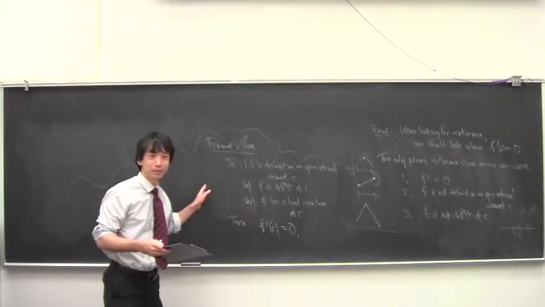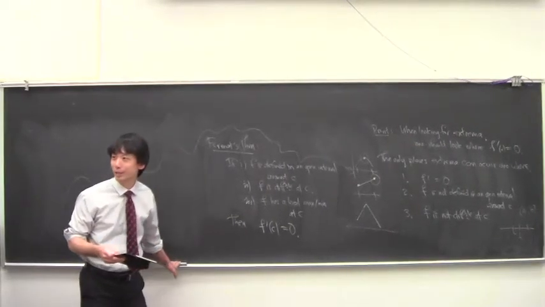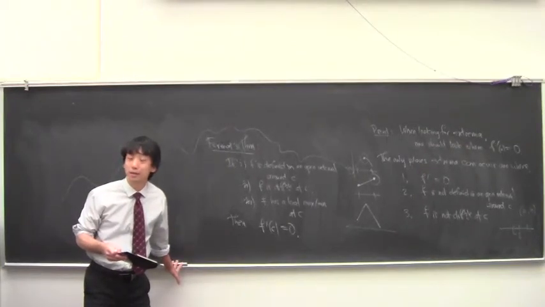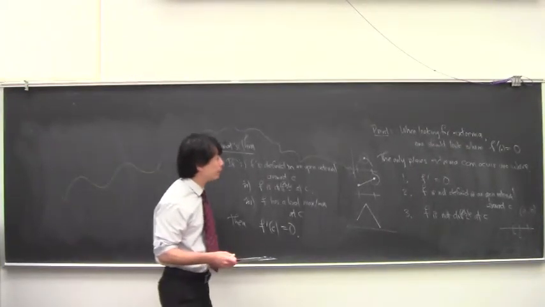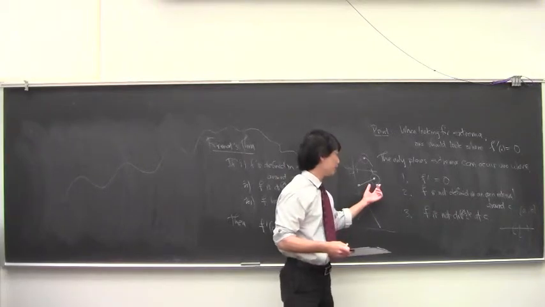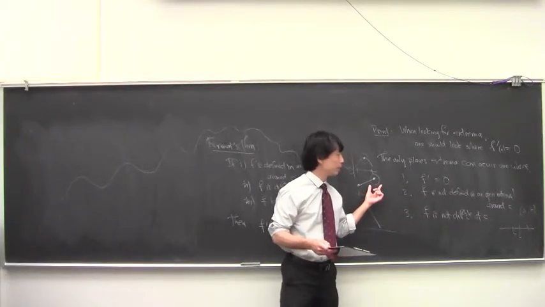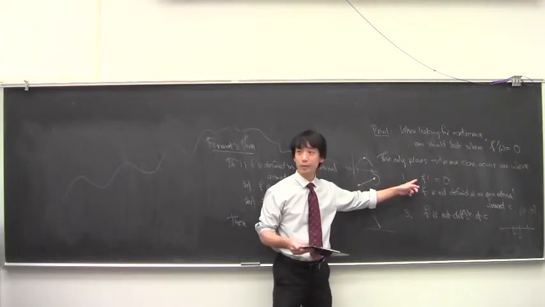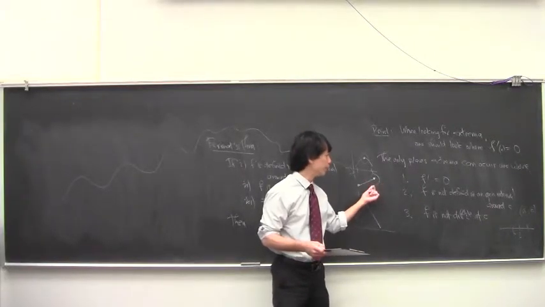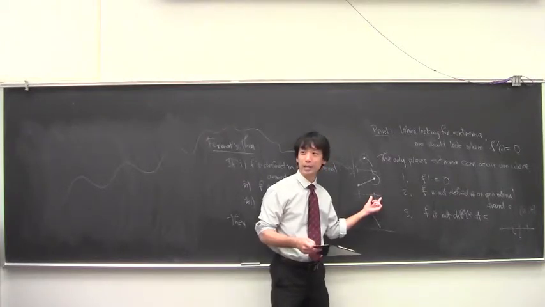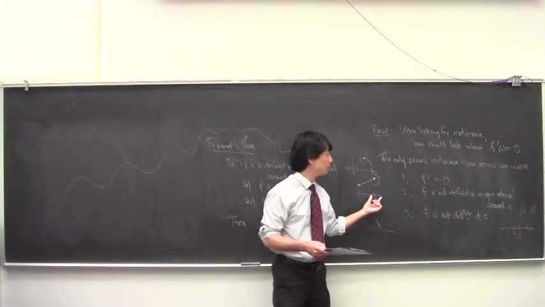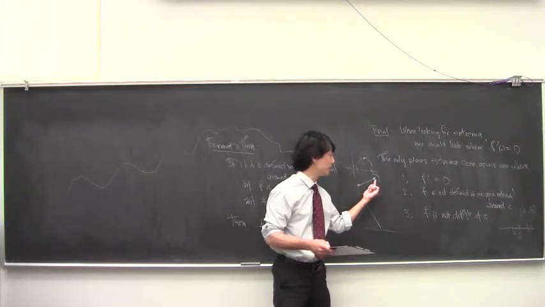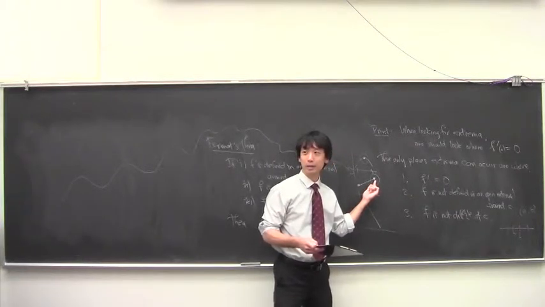Other questions? Is this making sense, Stefano? Maybe several at the same time, like 1 and 2. Yeah, could be, right? So, for example, for us, when we define the derivative, we actually assumed that it had to be defined in an open interval already. So, for us, basically, there is no derivative here.